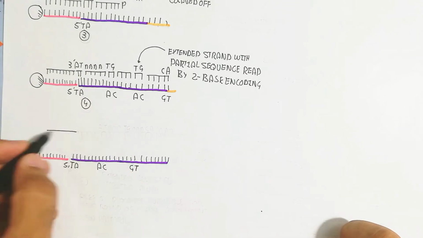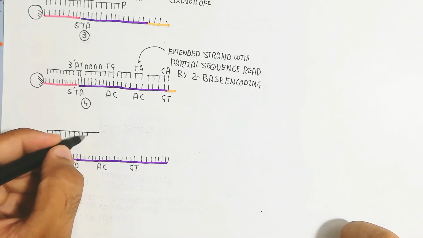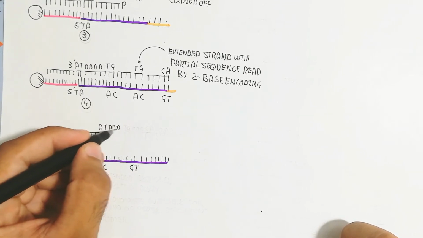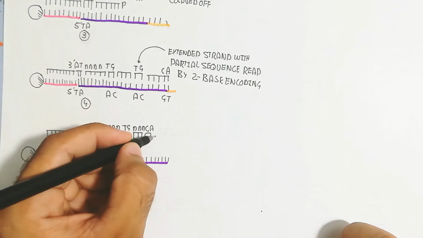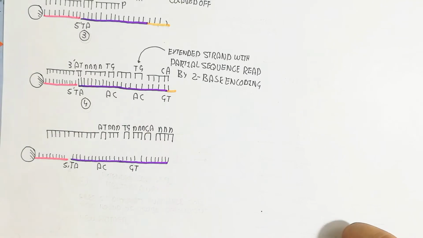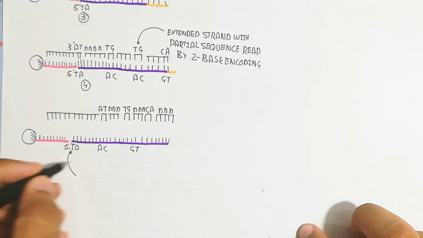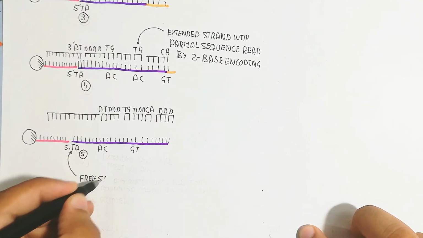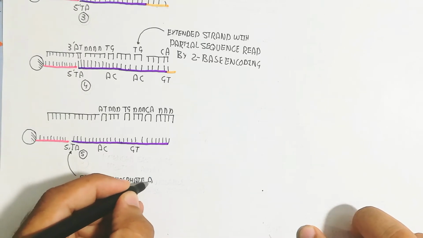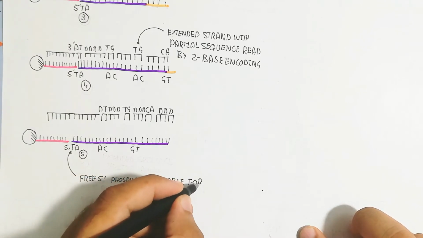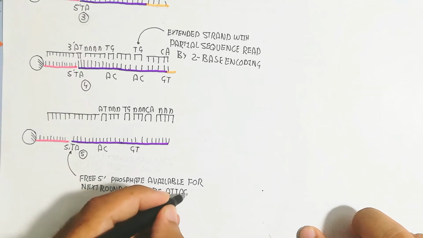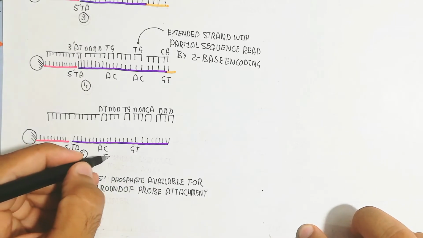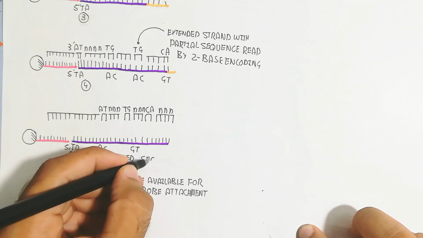So in this way that is known as basically real time PCR. So it shows the color also. So it looks like the real time PCR. So remember, after this the free 5' phosphate is available for next round of probe attachment after the extended sequence melted away.